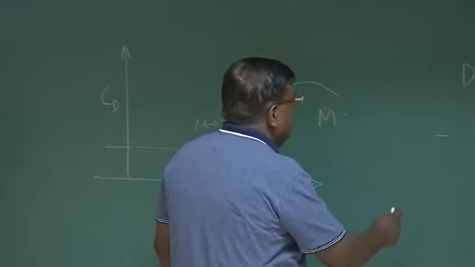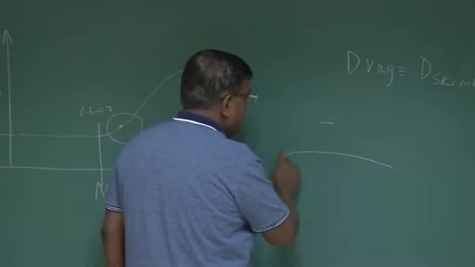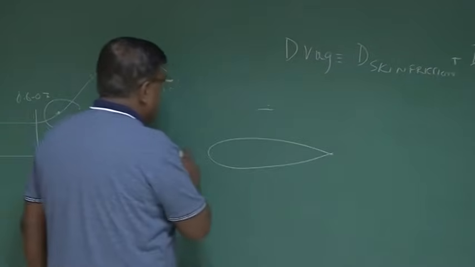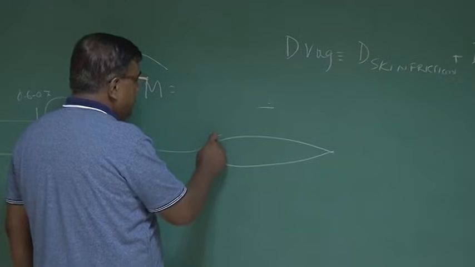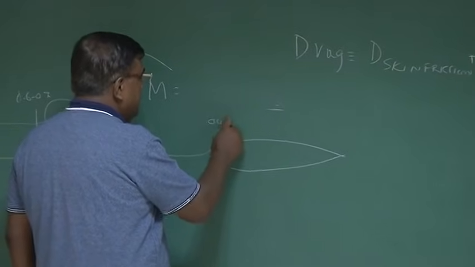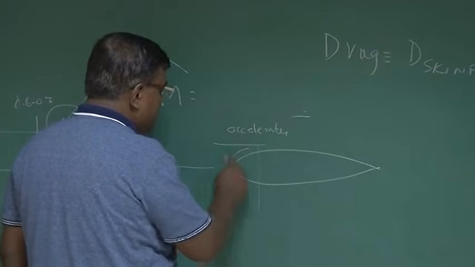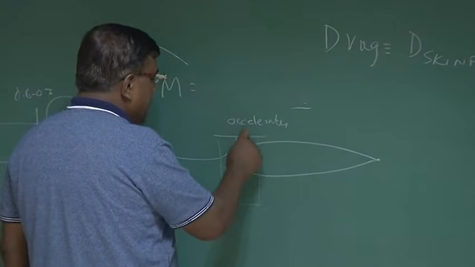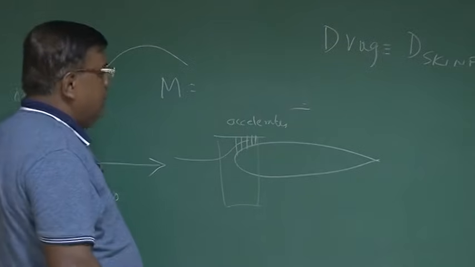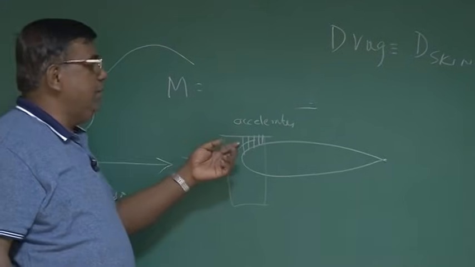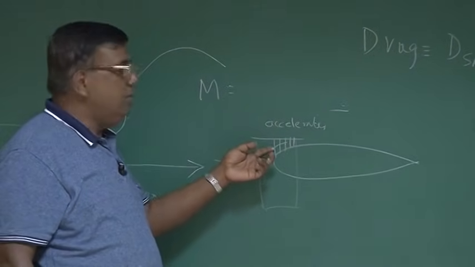Number two, we have been discussing that this is the wing, let's say, and as the flow comes here, the flow accelerates here, right? Do you recall this? Because if I take a control surface like this, the area reduces, the velocity will increase to maintain the same continuity of flow.